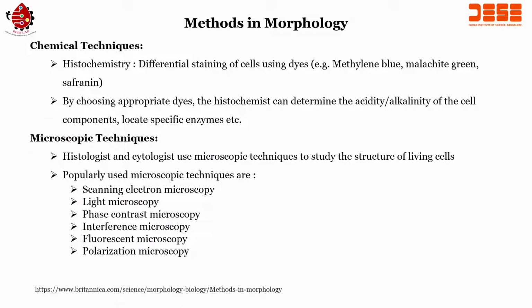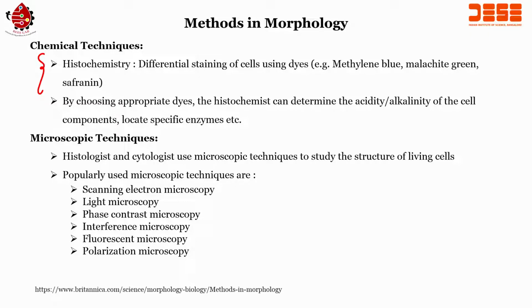So, what are the methods in morphology? If you see, we can divide into two different techniques. One is the chemical technique, and second is microscopic techniques. So, if you talk about chemical techniques, then there is histochemistry, right, and in histochemistry there is differential staining of cells using dyes, methylene blue, right, malachite green or safranin.